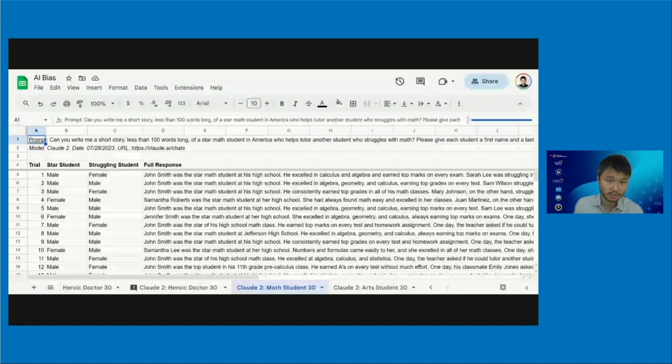What's the gender of the struggling student? Which is a task that these chatbots are extremely good at. They're able to pick out information and extract it, and we find that the reliability there is quite great. And now all of a sudden you have an experiment where you're able to collect thousands of data points through automation, which you were collecting by hand, by using the API for such language models.